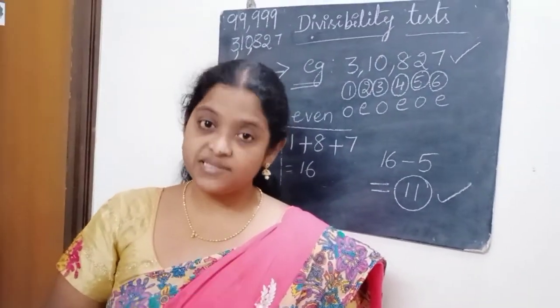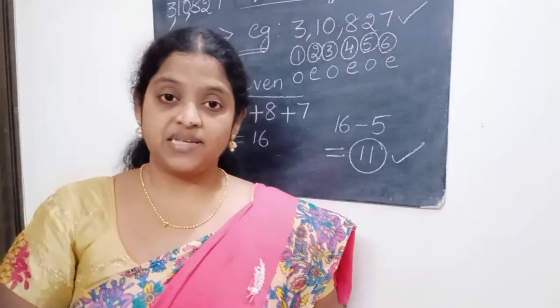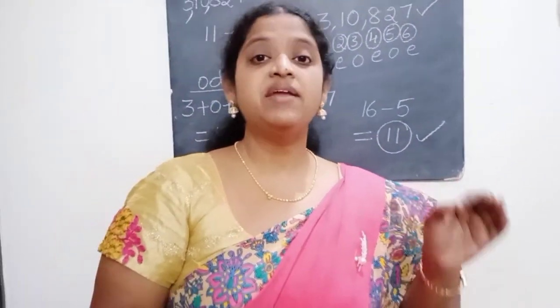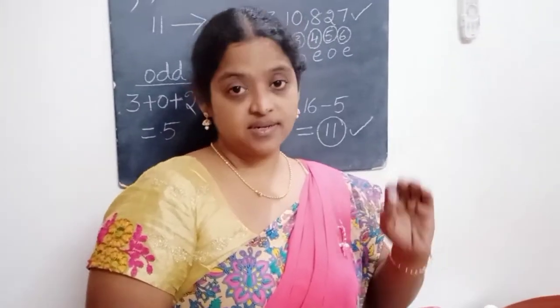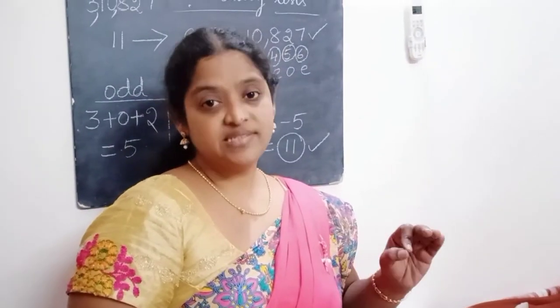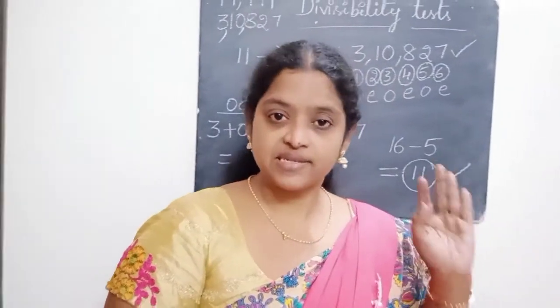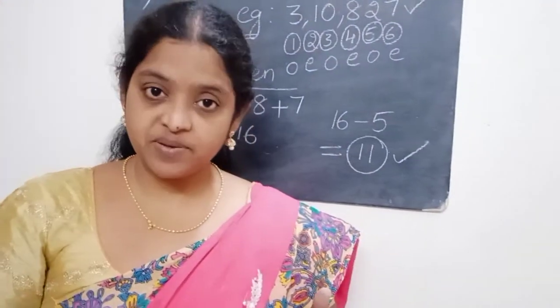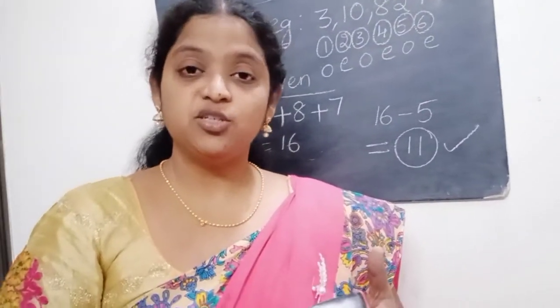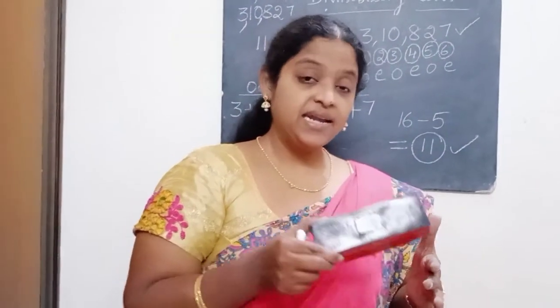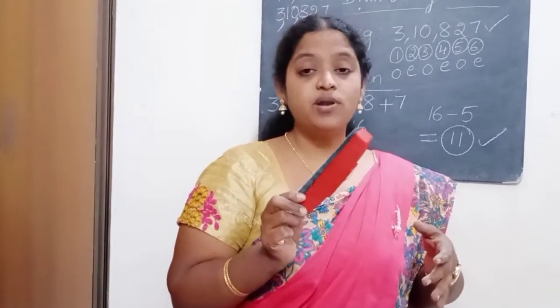Rule 6: the given number should be divisible by 2 and 3, it should follow the second rule and the third rule. Then only you can say the given number is divisible by 6. Then 8: the last 3 digits should be divisible by 8. Then 9: the sum of the digits should be divisible by 9. 10: the ending number should be only 0.